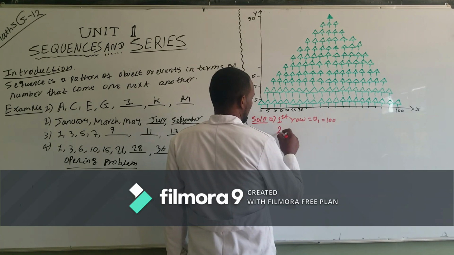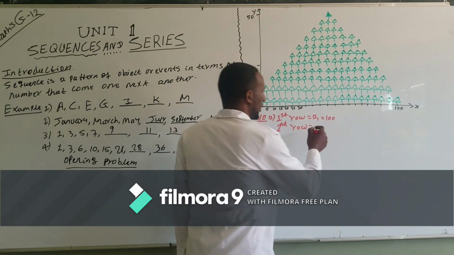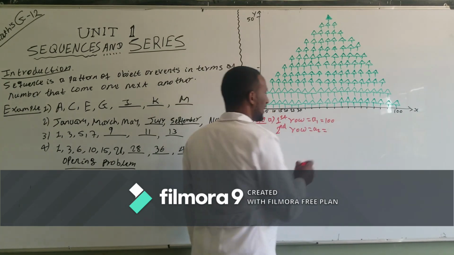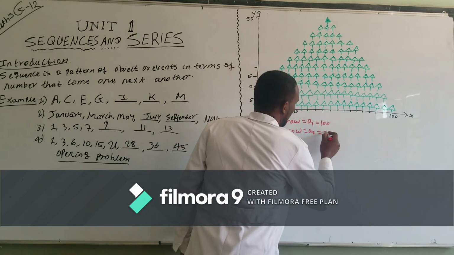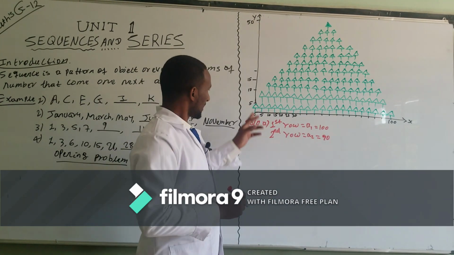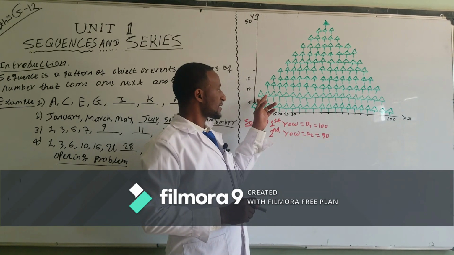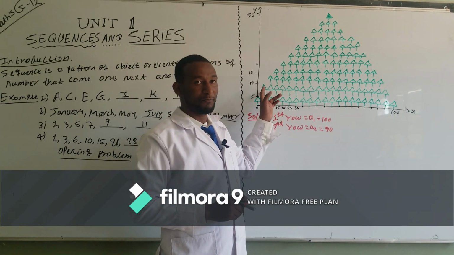Then the second row is A2. The length of the second row is 90, because the second row is reduced by 2/3 from the first row.